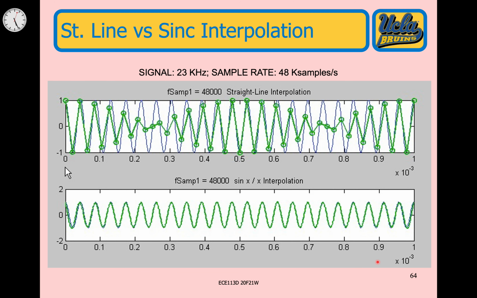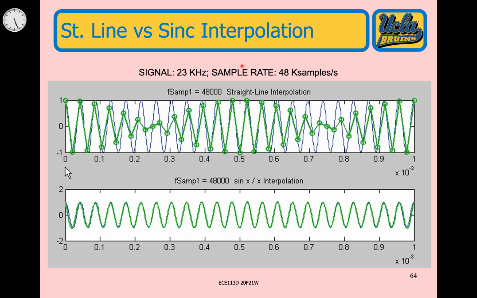All right. So here is another example of what happens when you are still following the sampling theorem, but not using sine x over x. This is a signal that is 23 kilohertz, and the sample rate is 48,000.